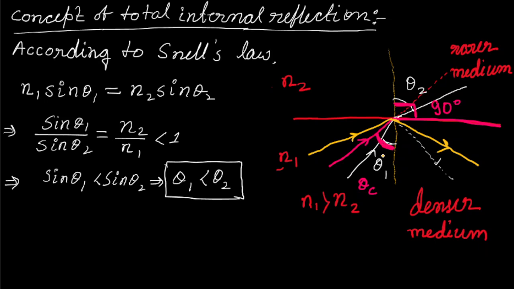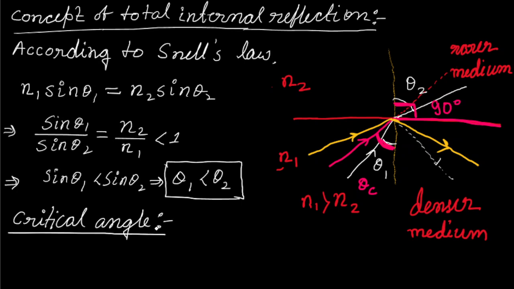But first we have to calculate the value of this critical angle. So what is the value of the critical angle? When light is incident at the critical angle, the refracted light goes parallel to the interface, that means it makes a 90 degree angle with the normal.